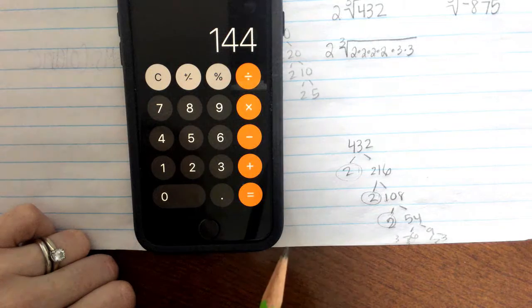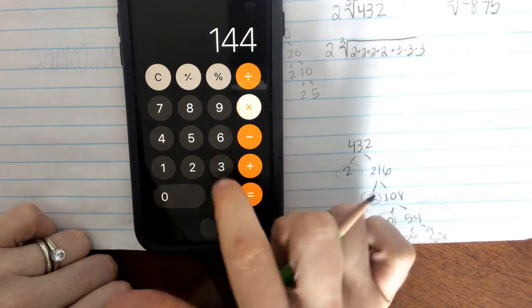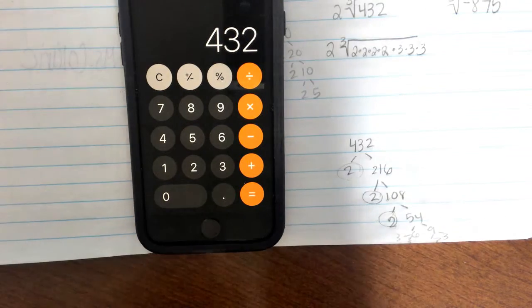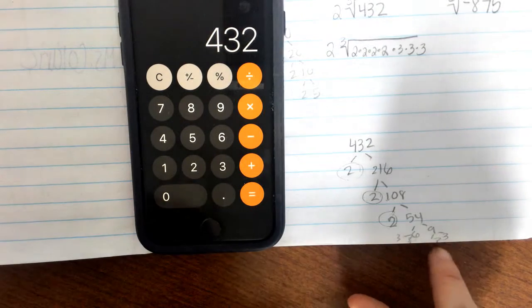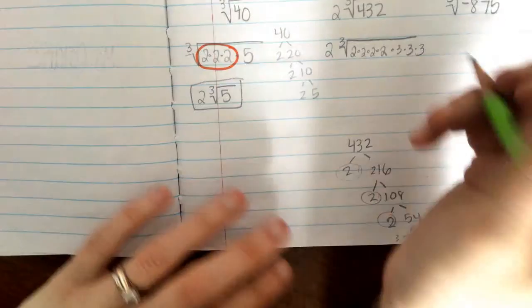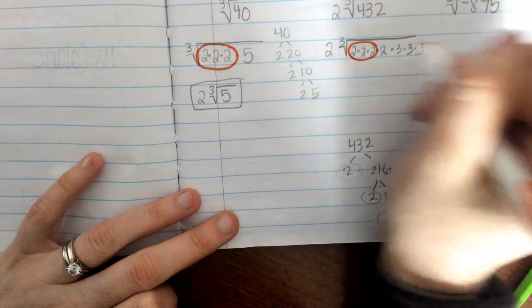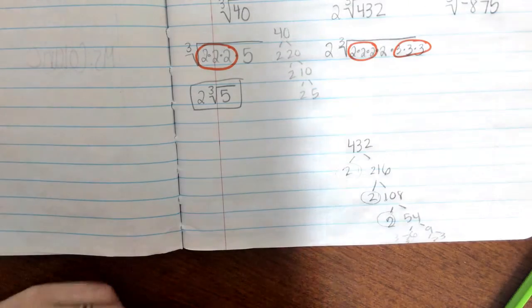It's still 144. Oh, there's 3 3's. That's why you check it. I missed one of the 3's because I crammed it on the bottom of the paper. So once you get them all, you circle groups of 3. I'm so glad I checked that. That would not have been good.